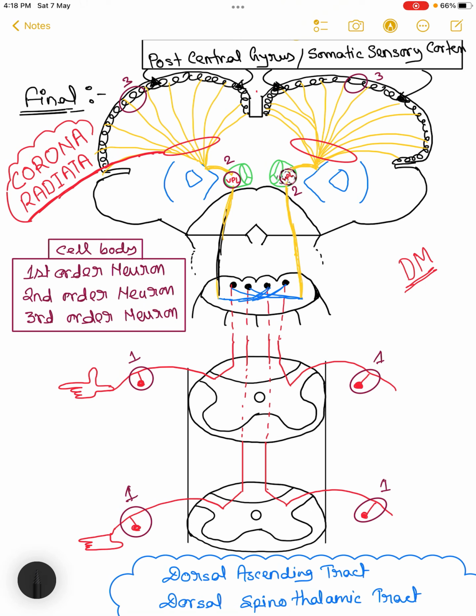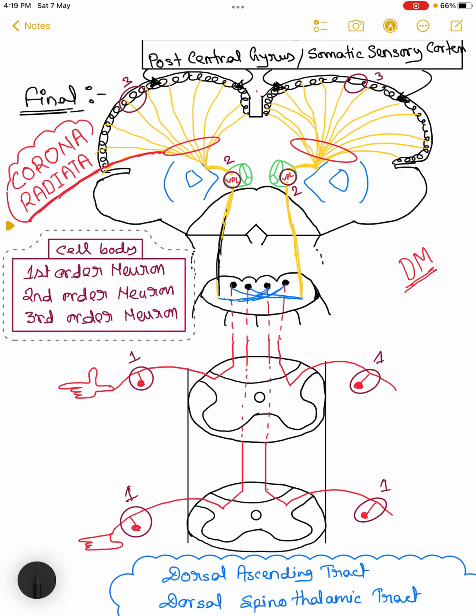If it is a nucleus, there are cell bodies. From here there will be a new fiber, and this fiber goes up to where? The cortex. So this neuron is known as what? Third order neuron. So this is the concept of first order, second order, and third order neuron.